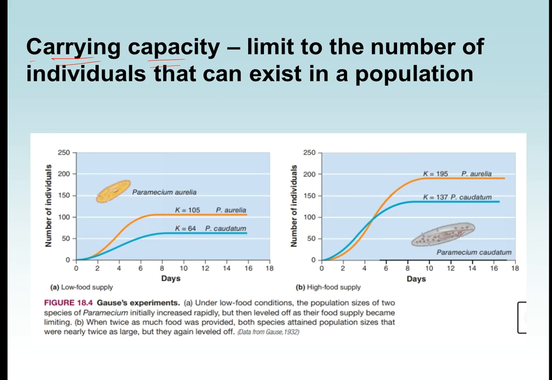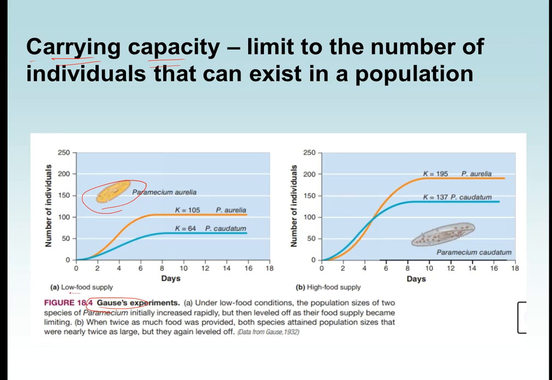There was a study done by a scientist, Professor Gause, and he put bacteria into a test tube and controlled the amount of food that was available, and he noticed that there was always what was called a limiting capacity. The more food that was available, the bacteria could continue to thrive because the resources were available, but eventually it would get to a limit.